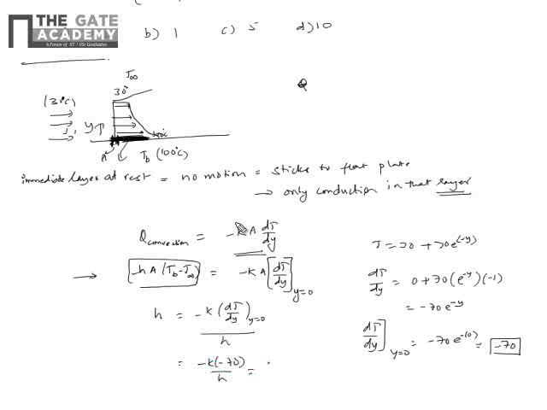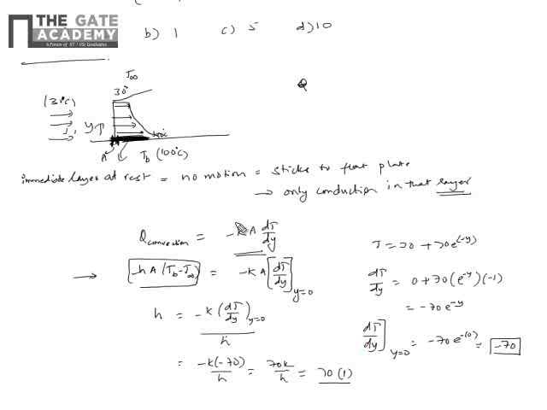If I substitute that, it is minus k times minus 70, divided by h. The k, the conductivity of the fluid, is given as 1, and h is what is needed.